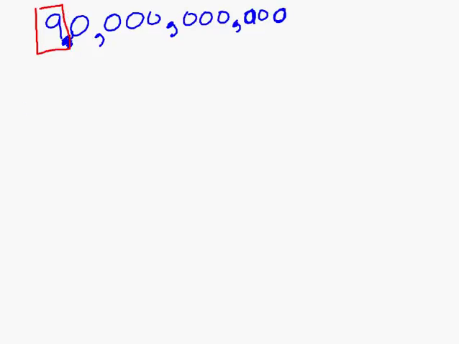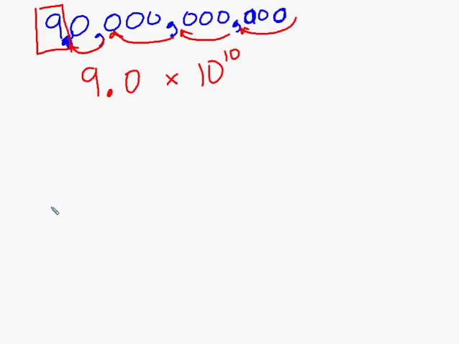That 9, so 9. Now I could add a 0.0 if I want. It's not necessary. Times 10. Well, how many places did I move my decimal point? 3, 6, 9, careful, and one more. So how many? 10. So 9.0 times 10 to the 10th.